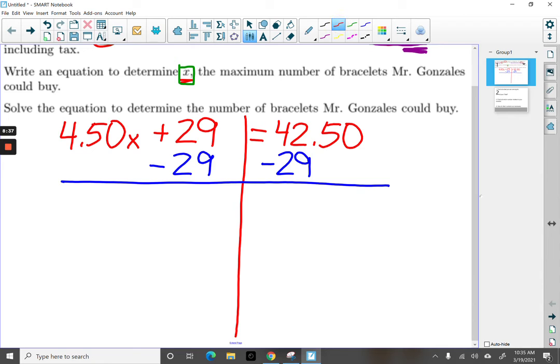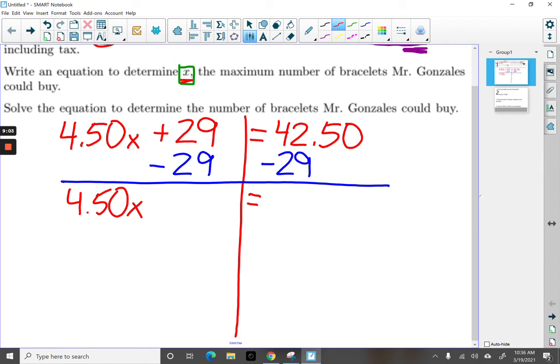Now what happens when I subtract these numbers? This 4.50x, nothing happened to it. It's still there. It still is part of my problem. The 29 and 29 subtracted each other. They are now gone, removed from the problem, because that's like adding 0 here. On the right side of my problem, we actually are going to need to do some math.